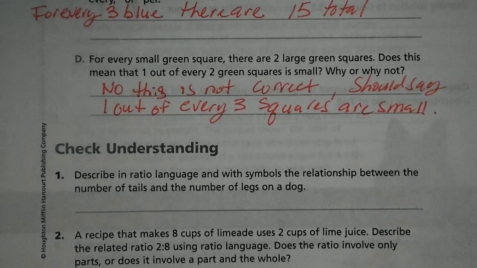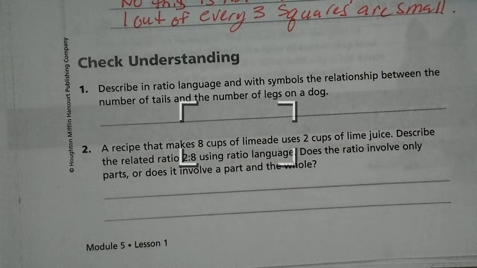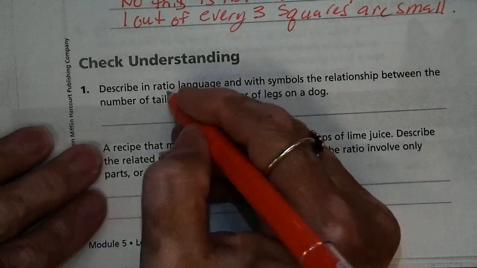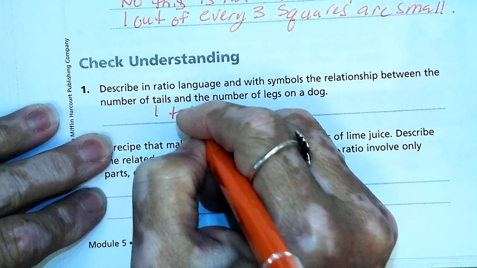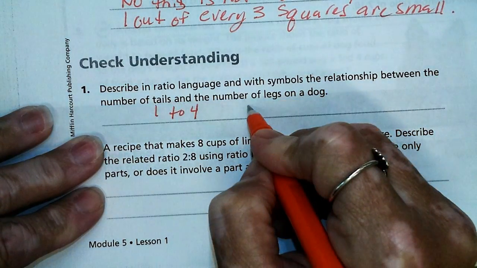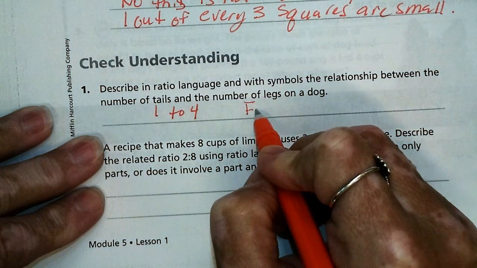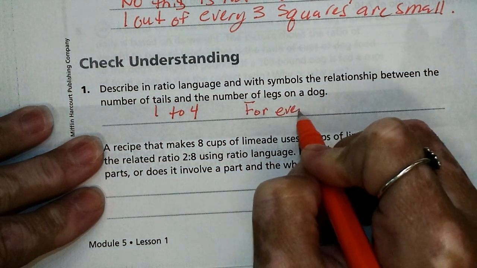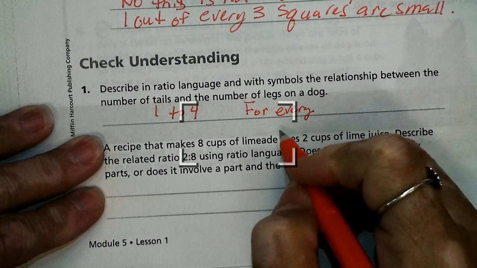So what is the relationship between the tail and legs? What would we write? 1 to 4. Yep, 1 to 4. Did someone write it in words? I did. Okay, so what did you write?